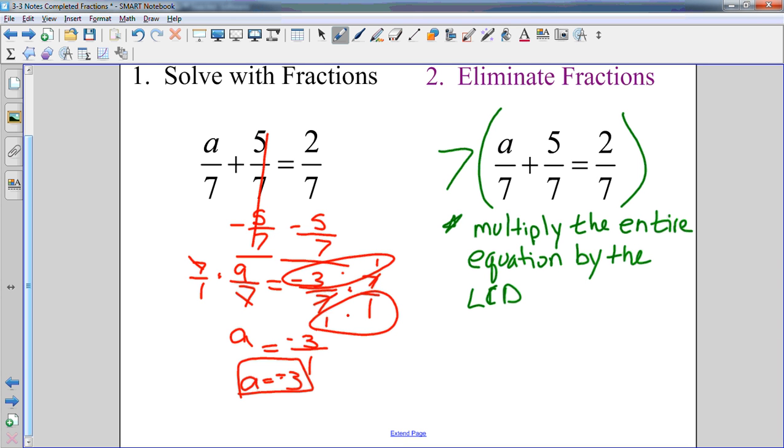I want least common multiple. Multiples are kind of like 7 times 1, 7 times 2, 7 times 3, 7 times 4. Does that make sense? You'll see, we'll do another example. This one's kind of hard to see because all of them are 7. But in this one I do want 7. When I have a parentheses and I'm multiplying the entire equation by something, how do I get rid of the parentheses?